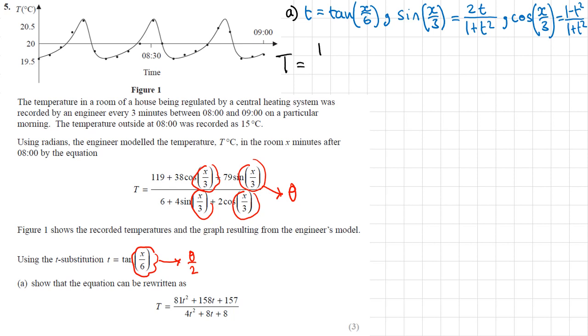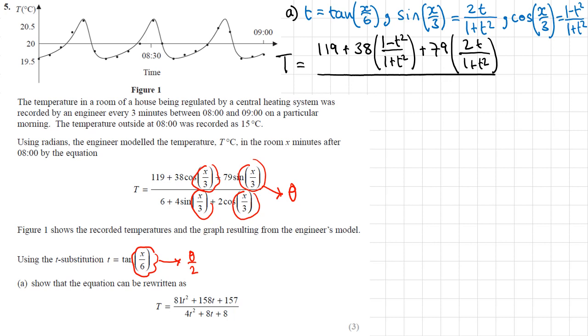So we've got 119 plus 38, and then cos X over 3 is going to be 1 minus t squared over 1 plus t squared, and then plus 79 sine X over 3, so that'd be 2t over 1 plus t squared, and then all of that is over 6 plus 4 sine, so that'll be 2t over 1 plus t squared, plus 2 cos, so that'd be 1 minus t squared over 1 plus t squared.